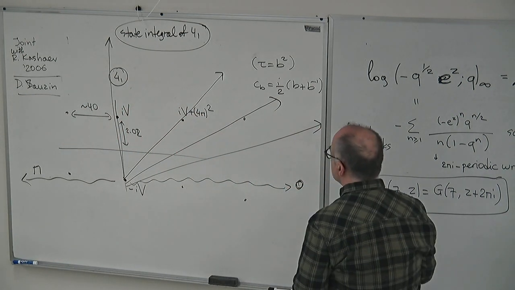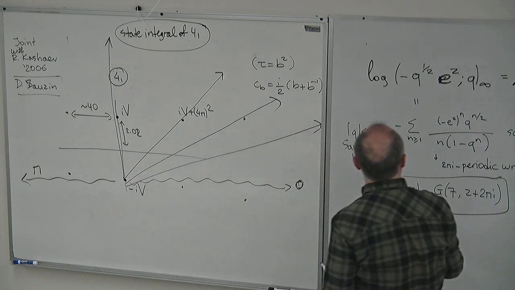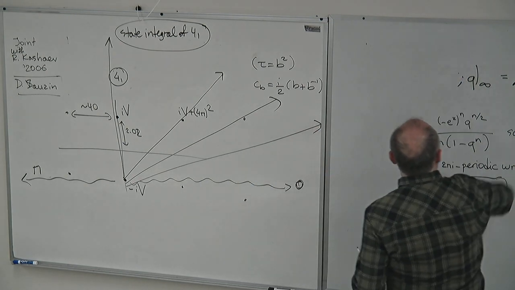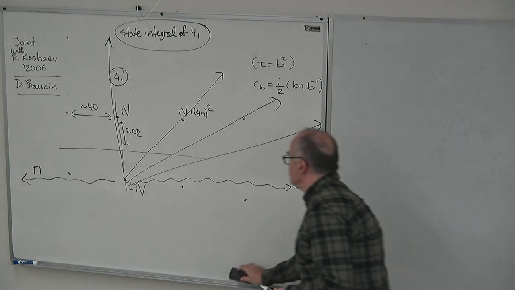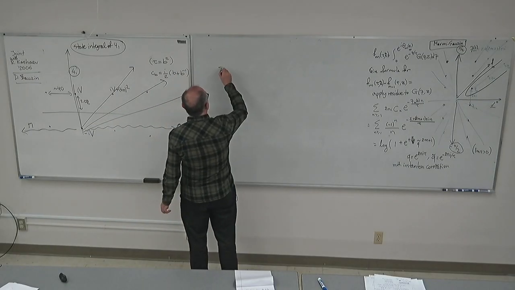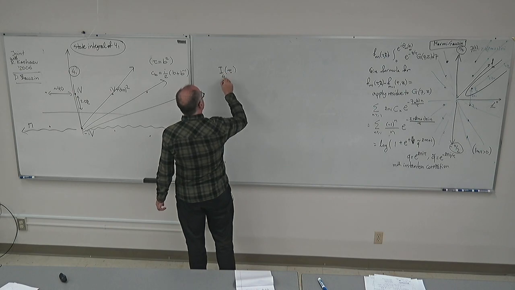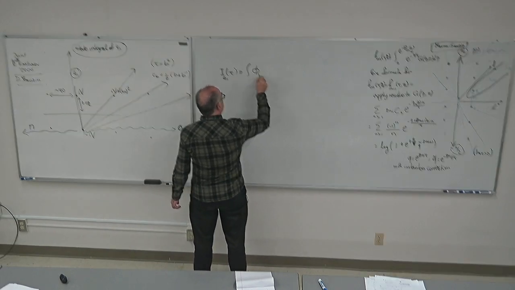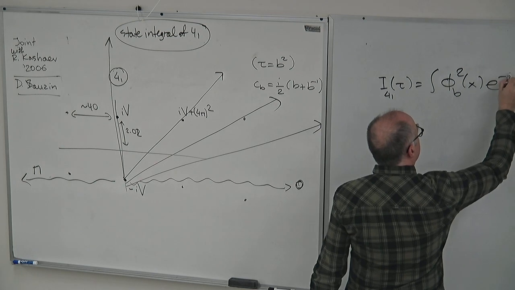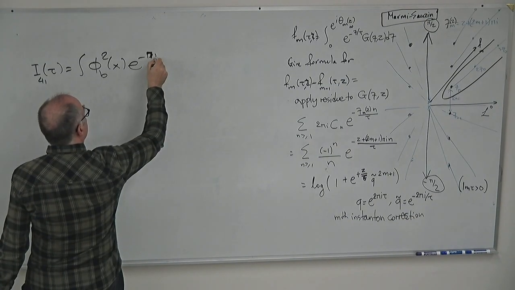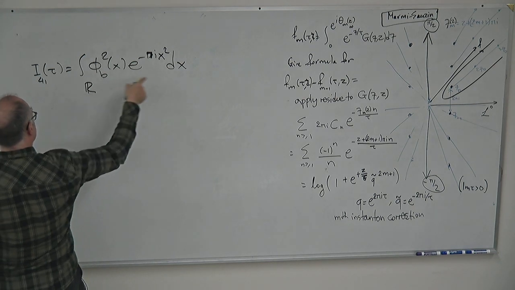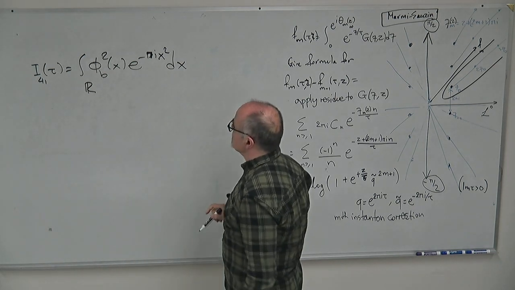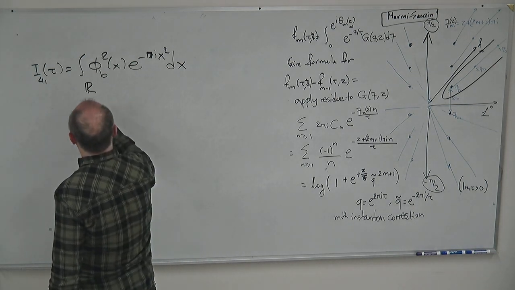And I will finish by telling you what is the state integral for the figure 8. It is a function of tau, an integral of something times e^(pi i x squared) dx. It's absolutely convergent because there's exponential decay here at infinity in the cut plane.